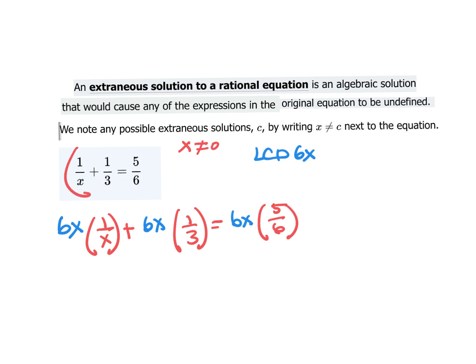So we've taken this whole equation and multiplied it by 6x, our lowest common denominator. And now I'm going to do each part.